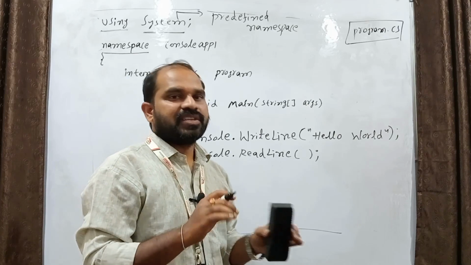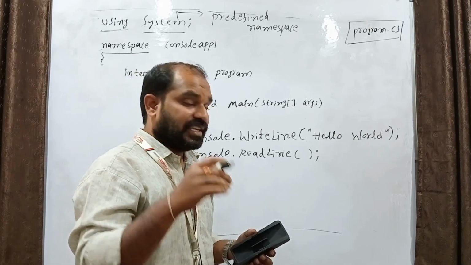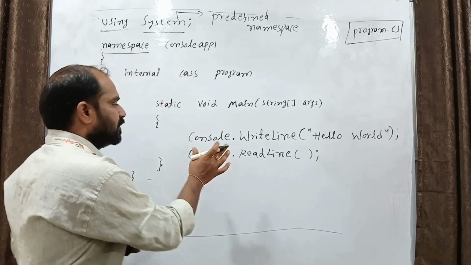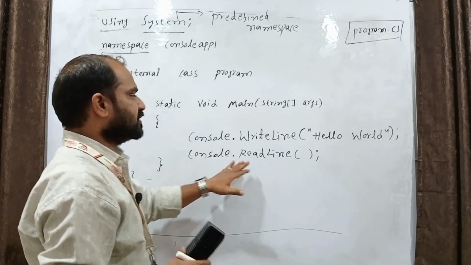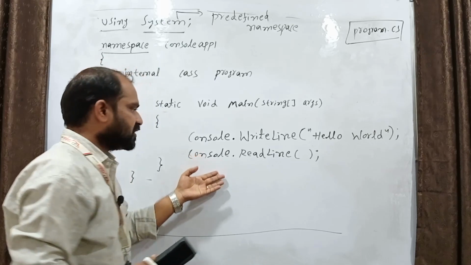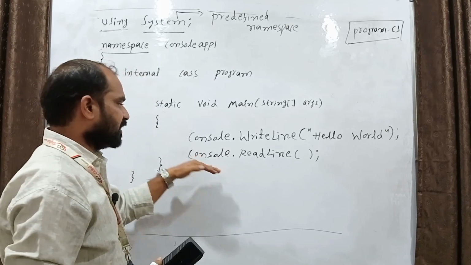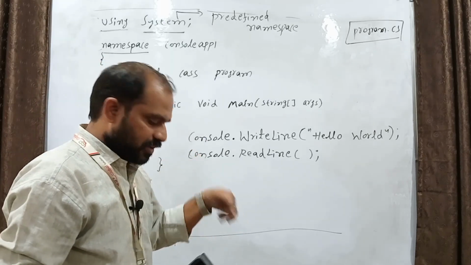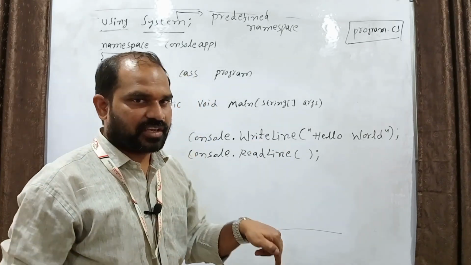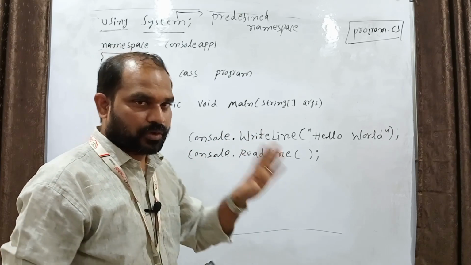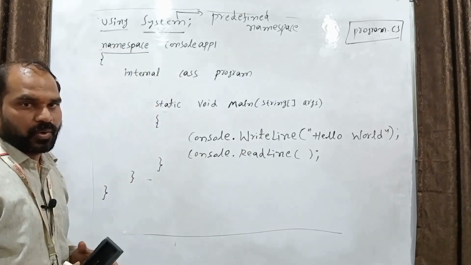Whenever the user types any data and hits enter, your readLine method is going to take the data, but this is the end of your program. There is no further statement, right? So then your program will end here. Whenever you hit enter, even without typing data, if you simply hit enter, your command prompt is going to get closed because this is the end of the program, right?